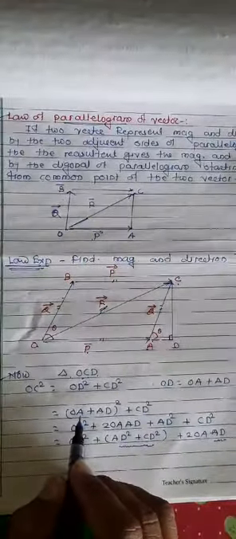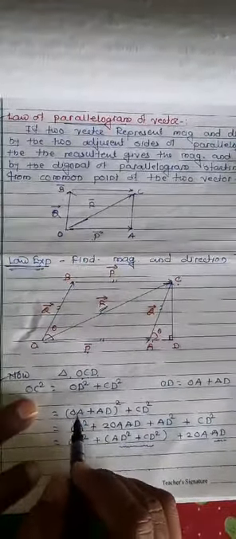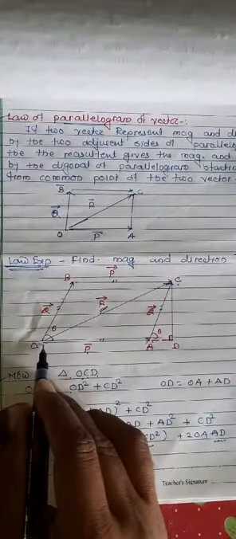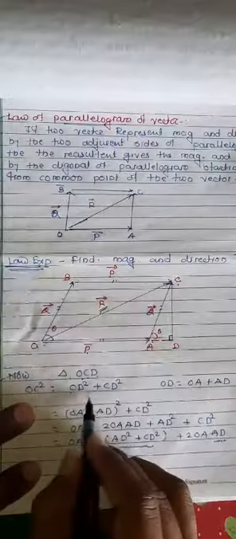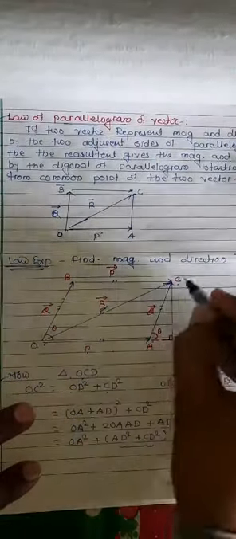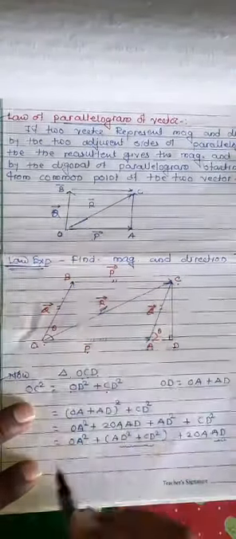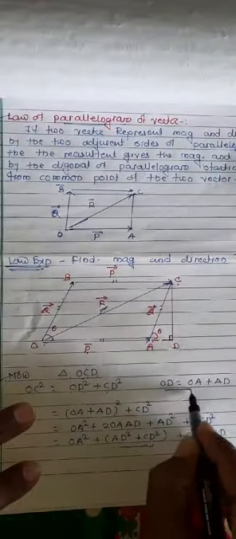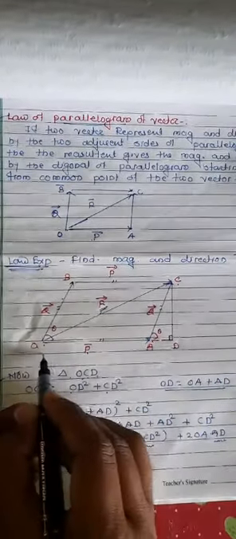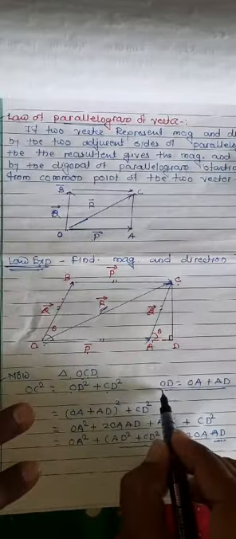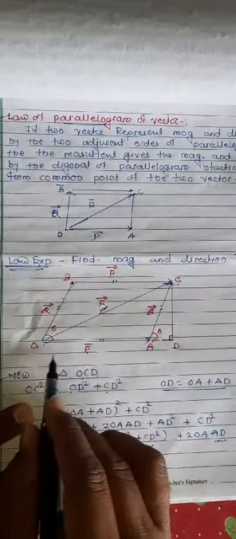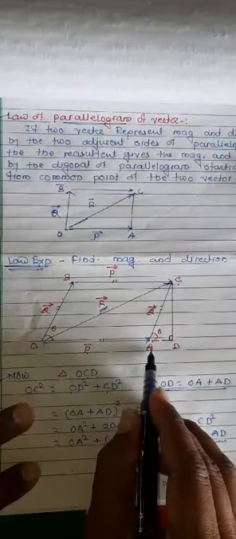By using the Pythagoras theorem, OC square is equal to OD square plus CD square. The total side OD is separated into OA plus AD.